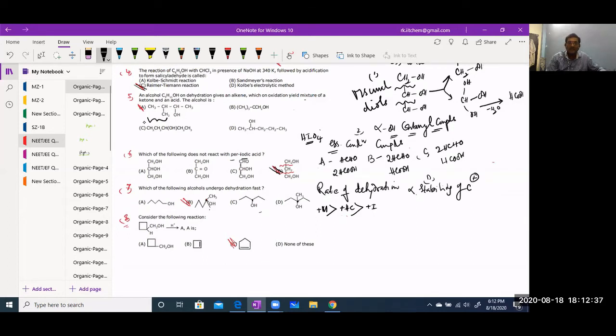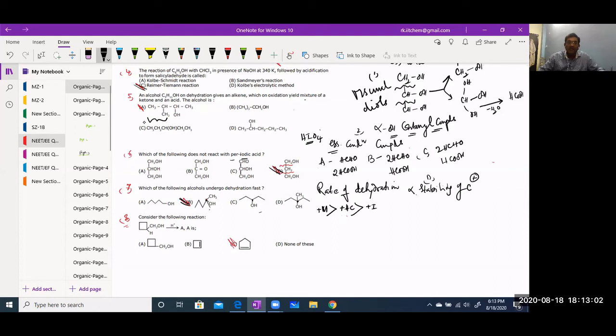It's having plus I, but here it's having plus I and 6 hyperconjugative structures. That's why this is giving a more stable carbocation and undergoes fastest dehydration. When it undergoes fastest dehydration, it gives Saytzeff's product and Hofmann's product also.